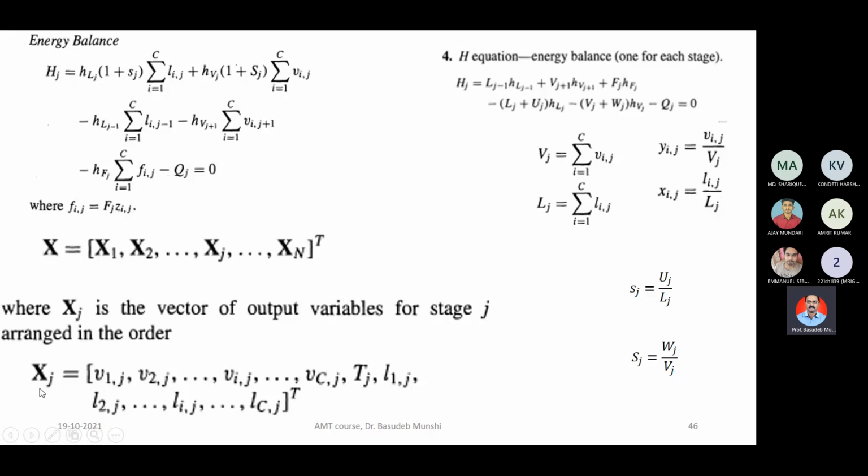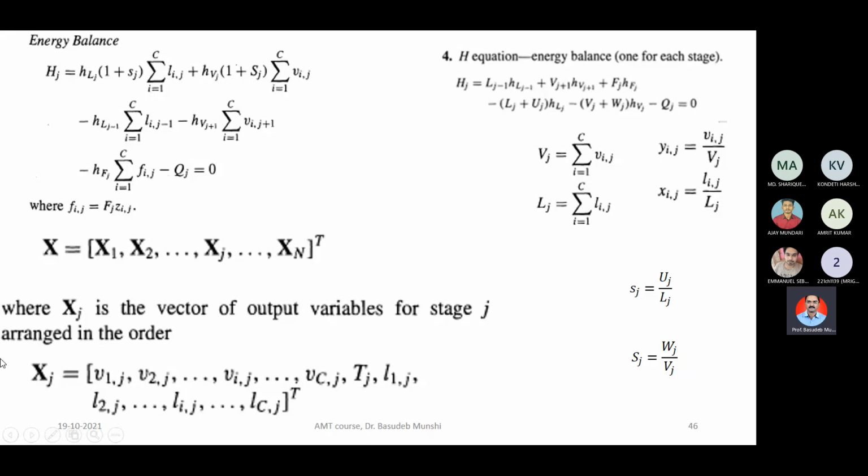Okay. So for any particular stage j, these are the variables, and we have n number of stages. How many variables are there? For stage 1 we have x1.